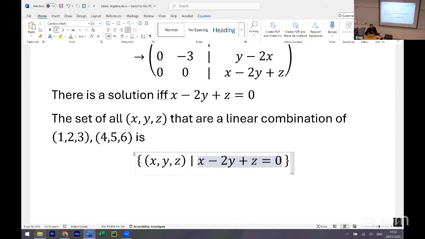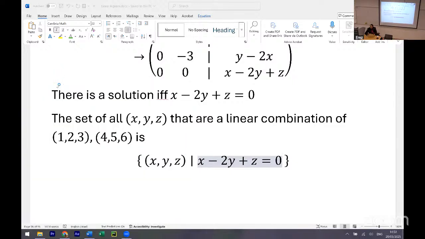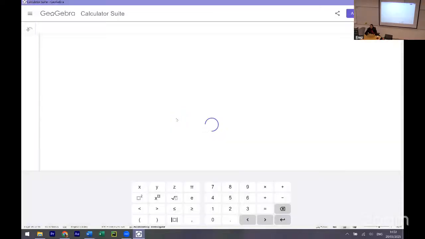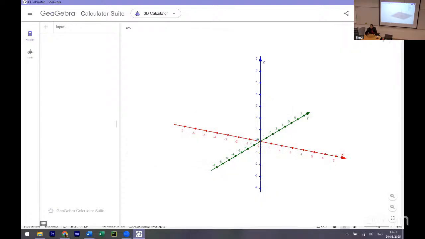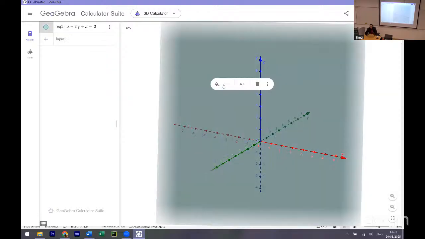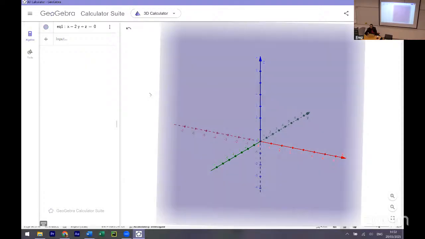Let's go to GeoGebra. And write x minus 2y plus z equals 0. What do we see here? Is it a plane?